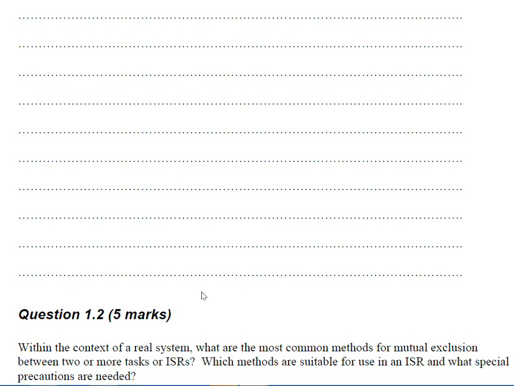So what's the difference between disabling the scheduler and, say, using a semaphore in this critical section? There is a big difference. What is it? Will the semaphore just stop a particular task from going ahead?